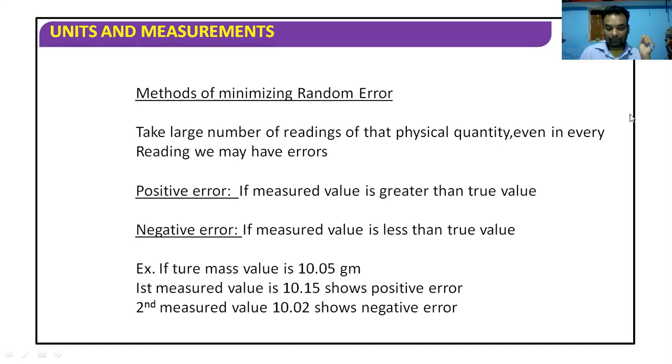For example, suppose the true mass value of a physical quantity is 10.05 gram. In the first measurement, if I get 10.15 gram, it is greater than the true value, so it shows a positive error.